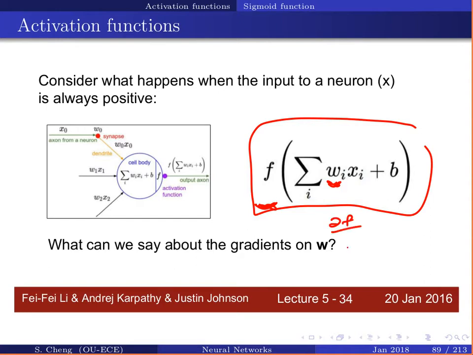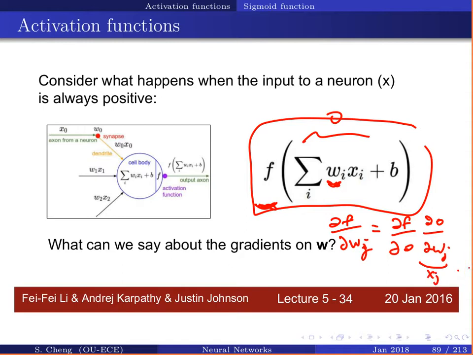If I compute with respect to some wj, I have partial f, partial O, where I call this thing O, multiplied by partial O, partial wj, and partial O, partial wj is just equal to xj, right?